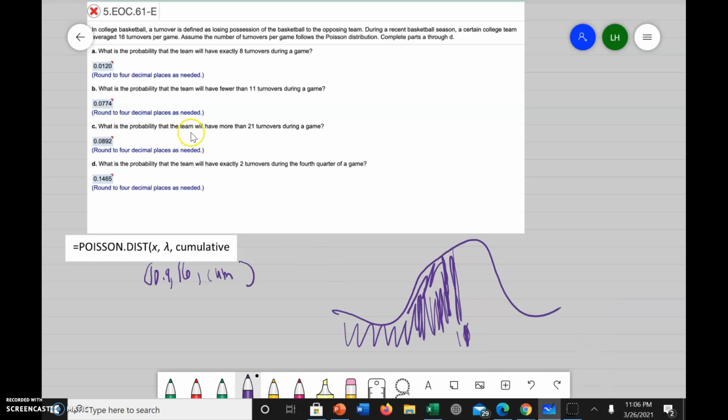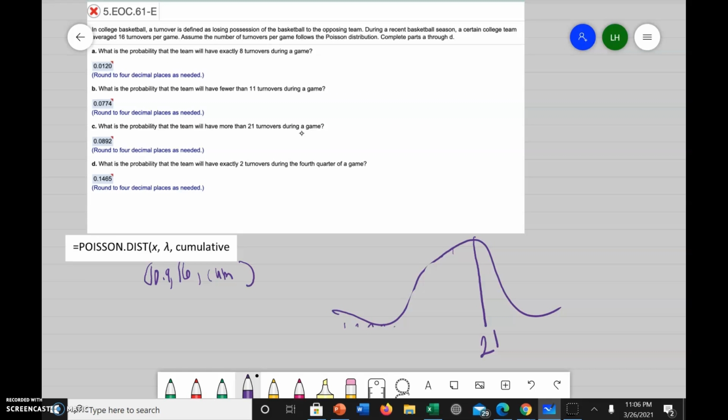Alright, now what is the probability that the team will have more than 21 turnovers? Well, Excel won't do more than. We want more than 21, so we want anything above 21.